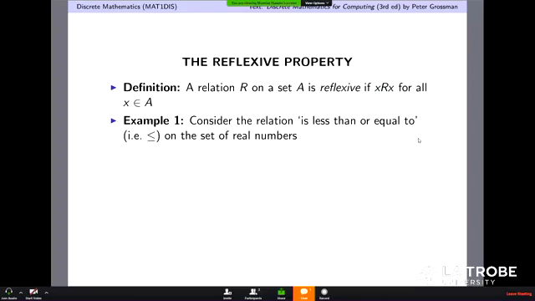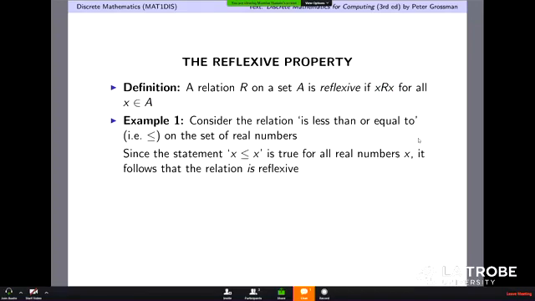Examples. Consider the relation is less than or equal to on the set of real numbers. Since the statement x is less than or equal to x is true for any number that you choose, that means this relation, is less than or equal to, is a reflexive relation. Do you agree with that? Okay.